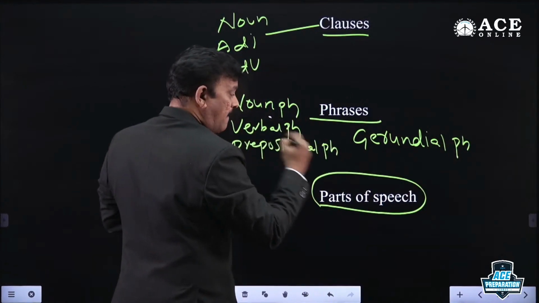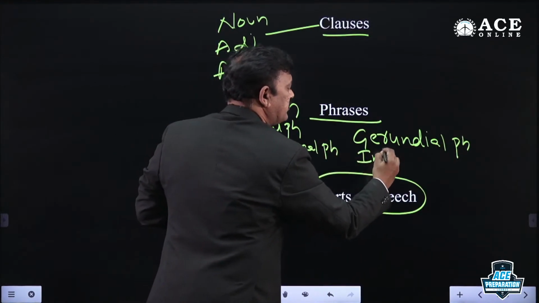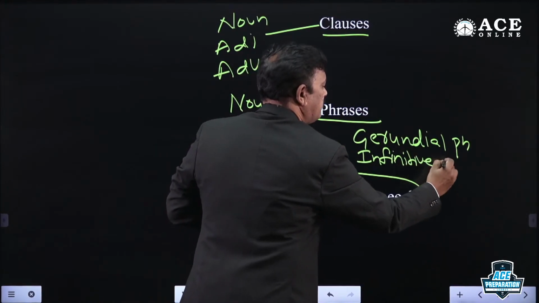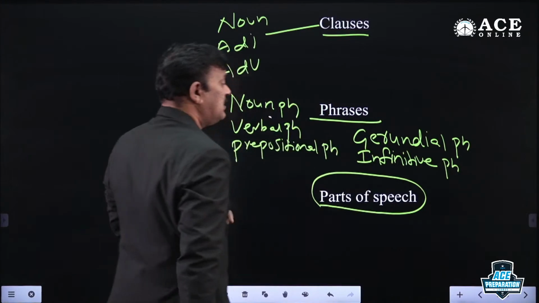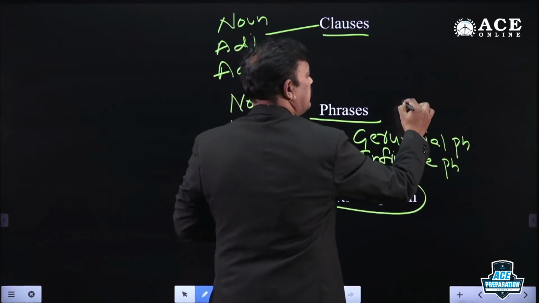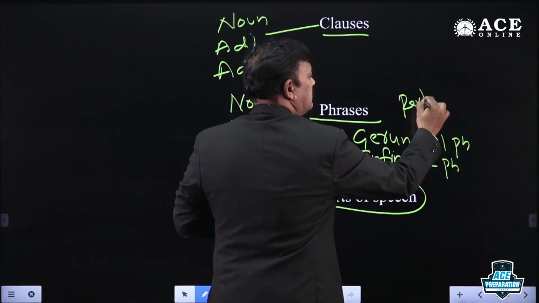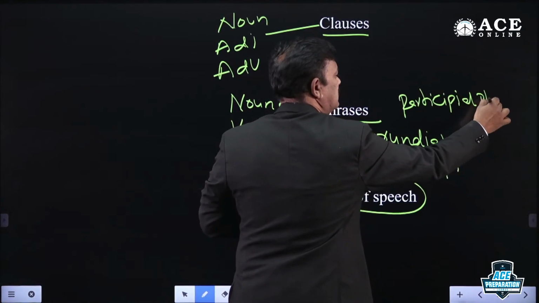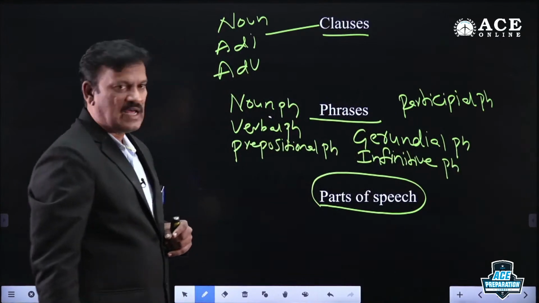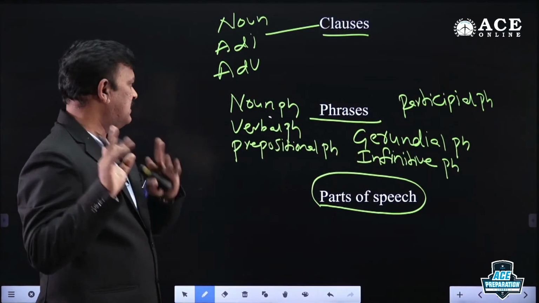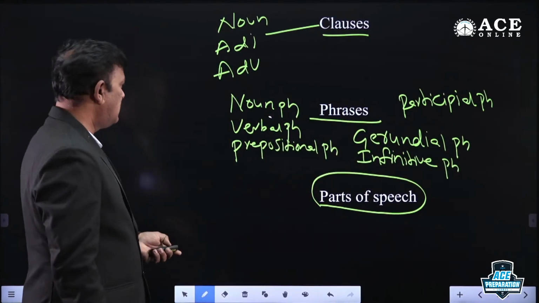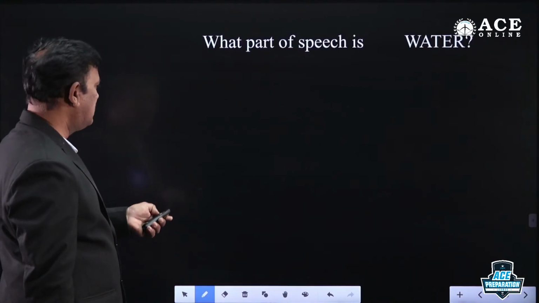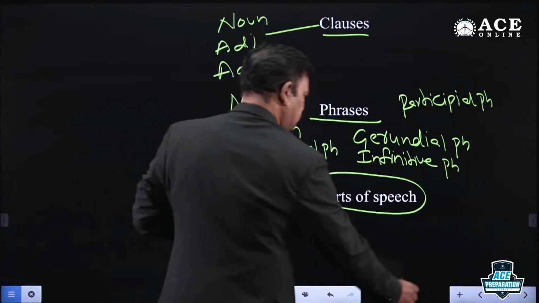You have infinitive phrase. There is one more, participial phrase. Your target is to identify them. Let me just look at this noun phrase. We'll come back. Okay.